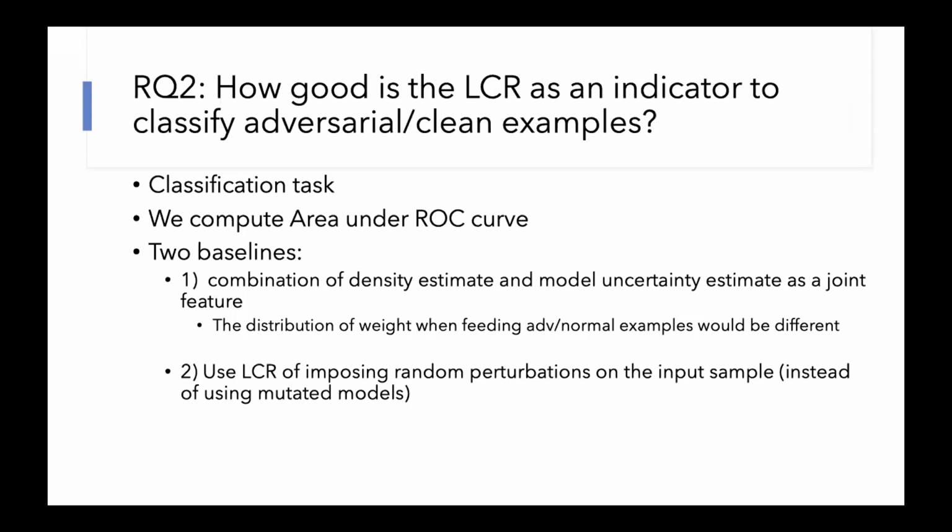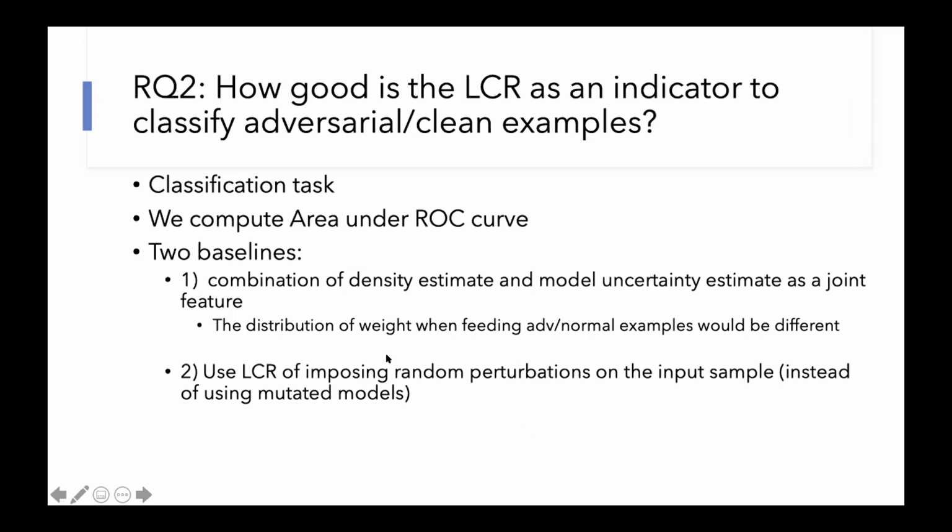So instead of using mutated models, they just perturb their input and compute the label change rate. That means they use different thresholds to calculate the ROC curve, right? So the baseline is the density estimate. What is the density and model uncertainty estimate joint feature?